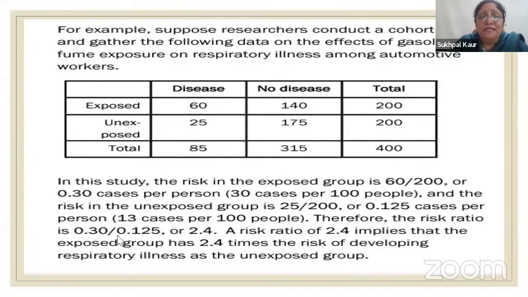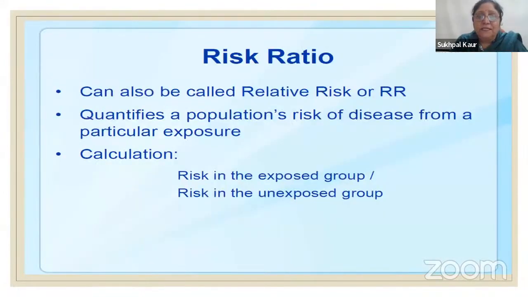Therefore, the risk ratio is 0.30 divided by 0.125 for the unexposed, or 2.4. So a risk ratio of 2.4 implies that the exposed group has 2.4 times the risk of developing the respiratory illness as compared to the unexposed group. So this is how we have to calculate the risk ratio.